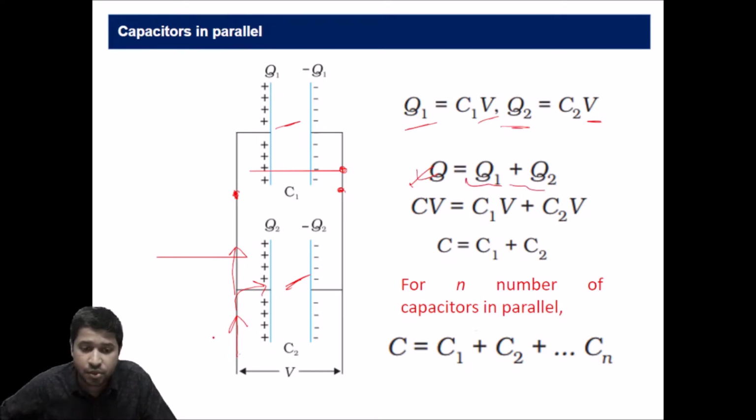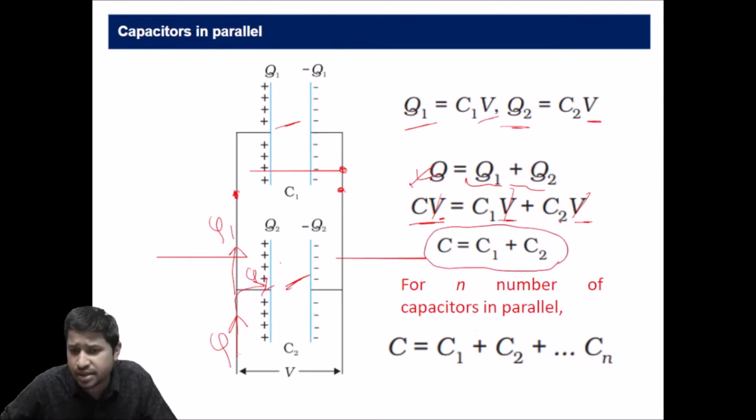That means if Q charge is coming this way, Q2 charge enters this capacitor and Q1 charge enters the first capacitor. So the total charge will be Q1 plus Q2, and we know that Q is equal to CV. From the first slide we know this, Q is equal to capacitance into voltage. Similarly, Q will be C1V plus C2V, because V will be the same in all the cases. We can cancel the V's and we see that the effective capacitance is just C1 plus C2.